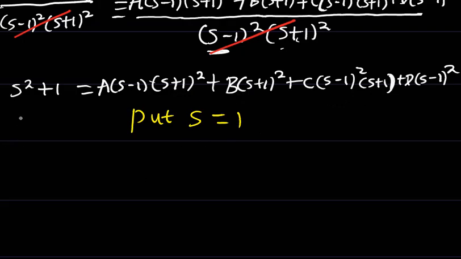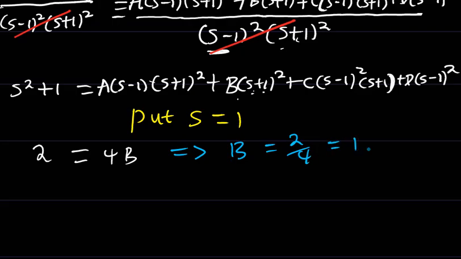So this is going to be 1 squared plus 1, which is 2, that is 2 squared, then multiplied by b. So with what we have, we can conclude that b is 2 all over 4, which of course is 1 all over 2.